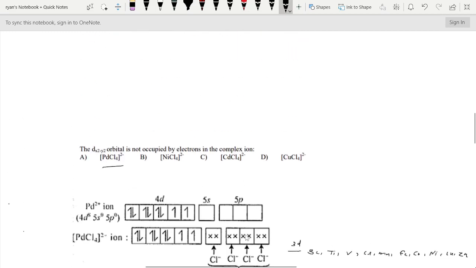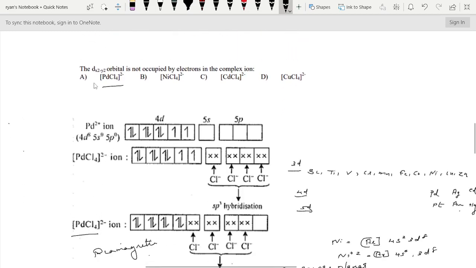The question is: dx² minus y² orbital is not occupied by electron in the complex ion. Therefore the answer, option A, is the correct answer.